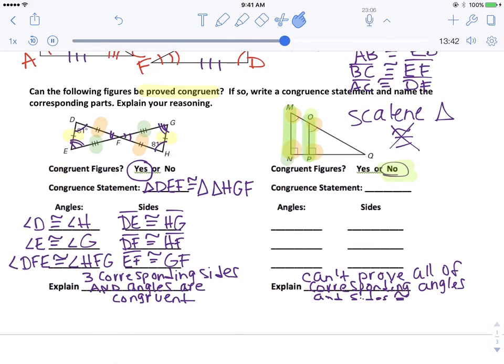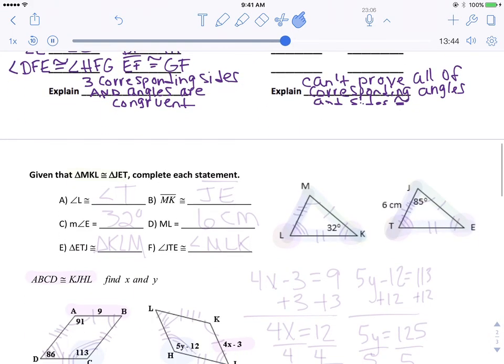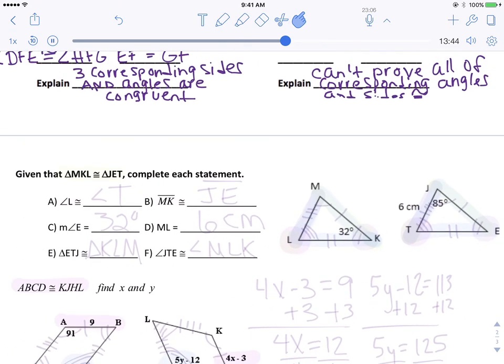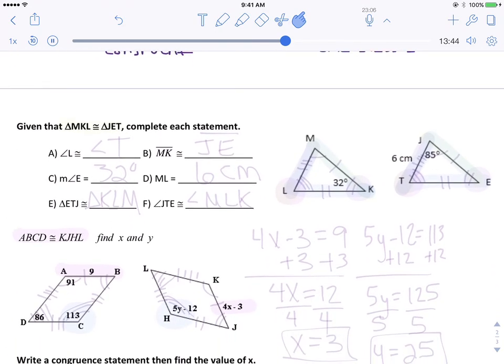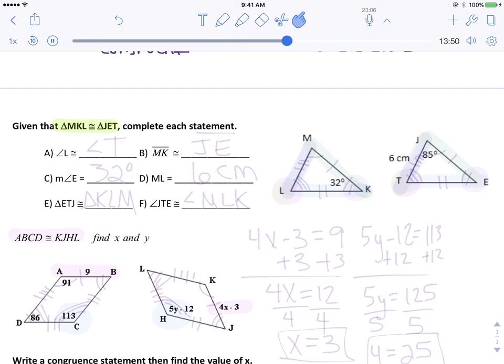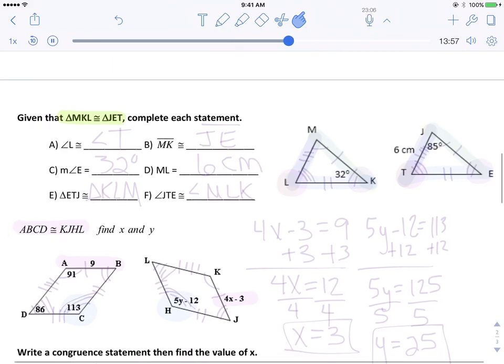So in the next example, we're going to be given, so this is where, again, it's really important for us to pay attention to the order in which our congruent statement is written. So MKL is congruent to JET.